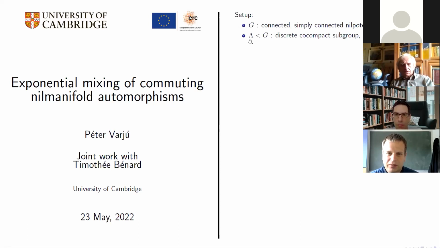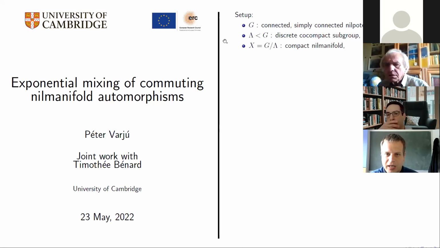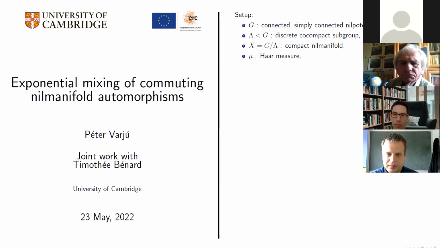Then I will also have a discrete co-compact subgroup lambda inside this. And then the space where I'm working is a compact nilmanifold, which is just a quotient of G mod lambda. And then there is also a Haar measure on this space.